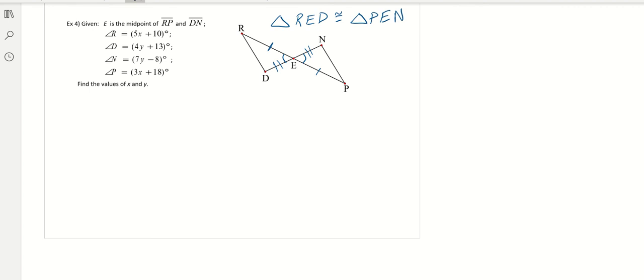It is important that you do that because we're going to have to line up. By the way, we knew this by side angle side, and we're going to use corresponding parts of congruent triangles are congruent to do this next part. We have information on angle R. What is angle R congruent to? R is first. P is first.